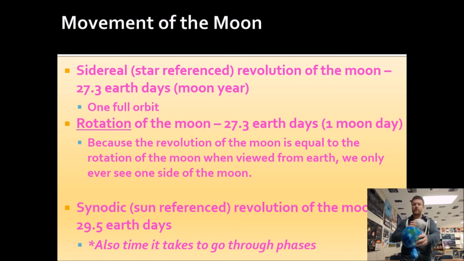Here is one 360 degree orbit, but in that exact same amount of time, it is going to spin one time. So a sidereal month is one 360 degree orbit, at 27.3 days, and that's also exactly how long it takes for the moon to spin one time.